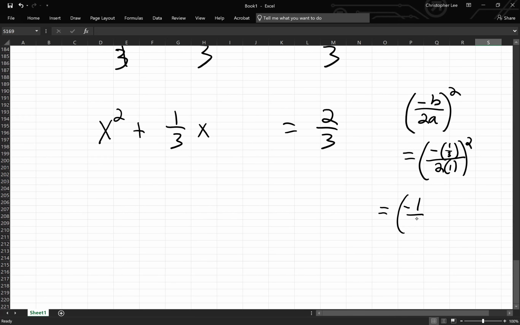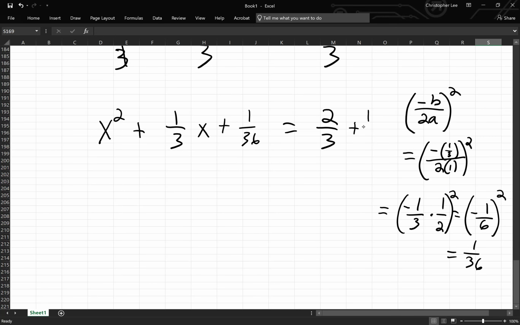So this is negative 1 over 3, keep change flip times 1 over 2. This is going to give me a squared, of course. This is going to give me a negative 1 over 6 squared. Final answer, this is 1 over 36. So we're going to add 1 over 36 to both sides.